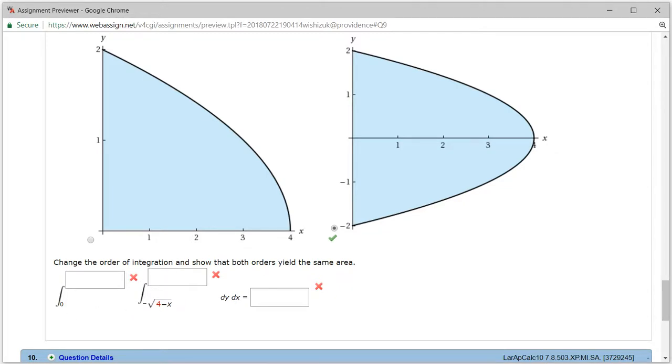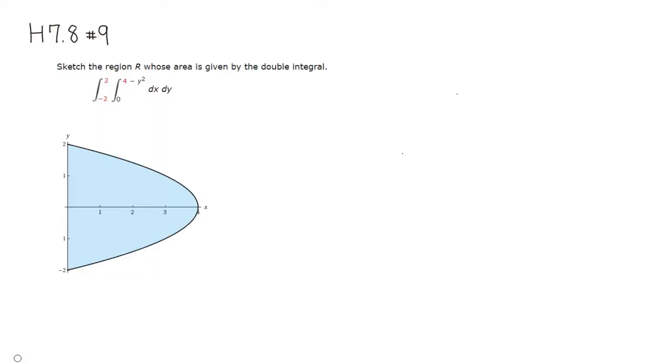So we know that the equation for this curve is x equals 4 minus y squared, which comes from here. Sorry, that's y squared.